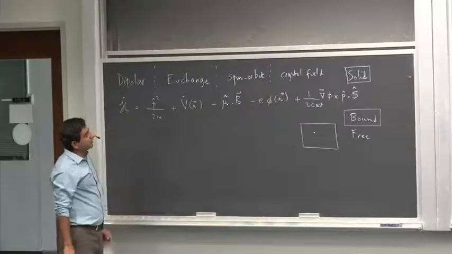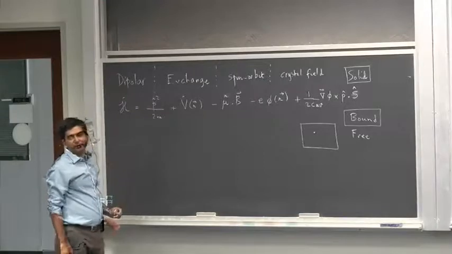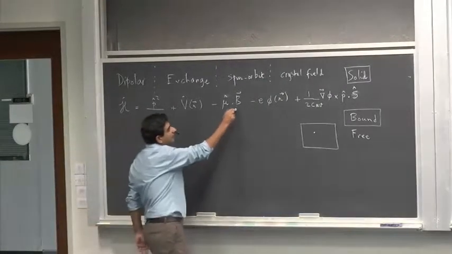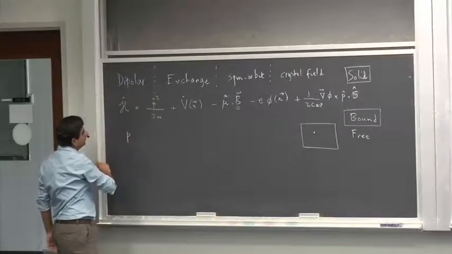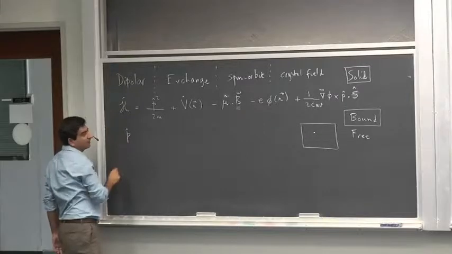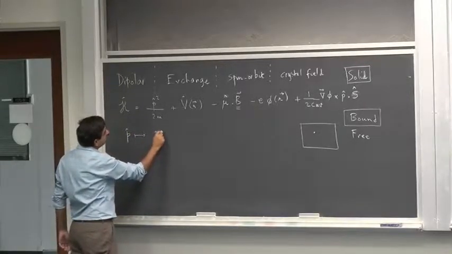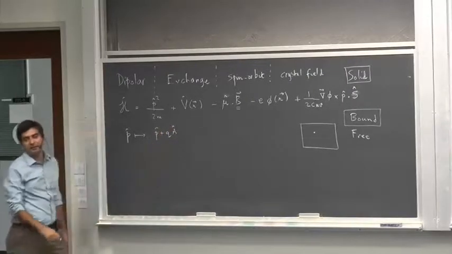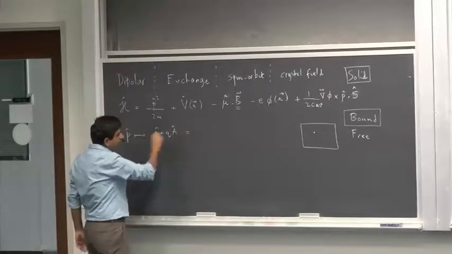One modification that we have to make is that the electron is a charged particle. When a charged particle is present inside a magnetic field, this momentum P becomes the canonical momentum, and it is replaced by P plus QA, where A is the magnetic vector potential. This you learn from your quantum mechanics.